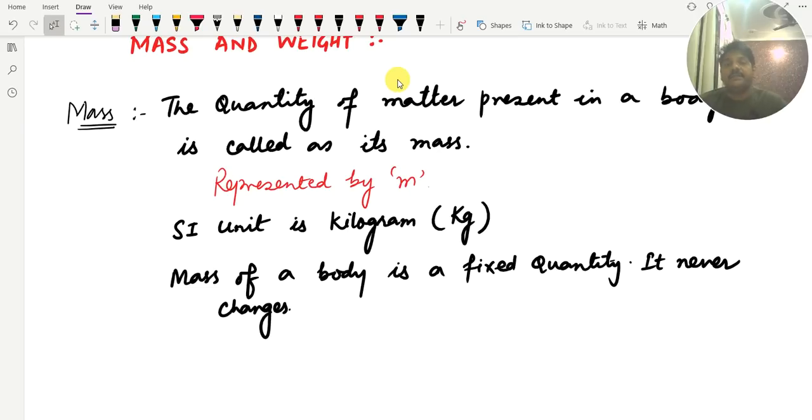Now if you talk about chemistry, you have talked about what is matter. What is matter? Anything which occupies space and has got mass. So any matter has got some mass. The next condition is, can mass be zero? Mass of a body can never be zero.